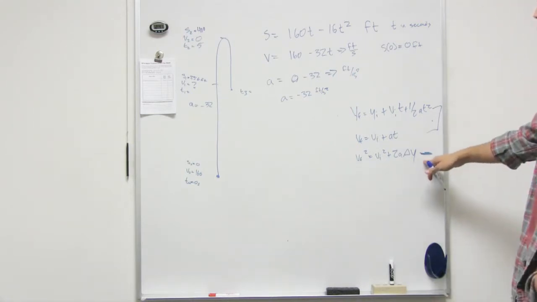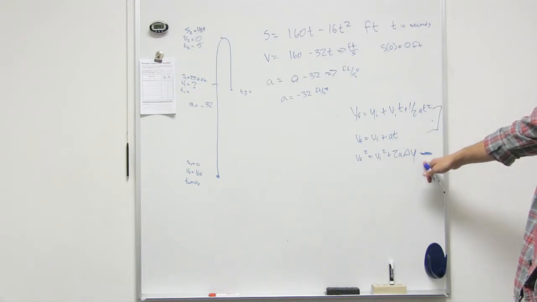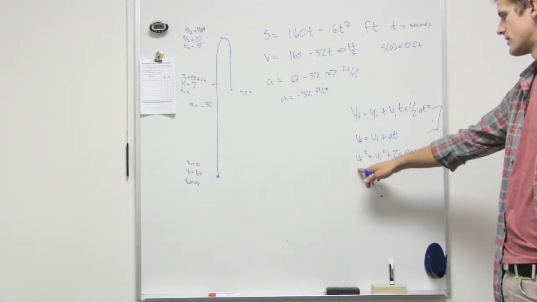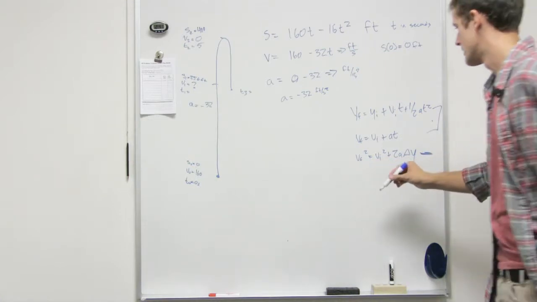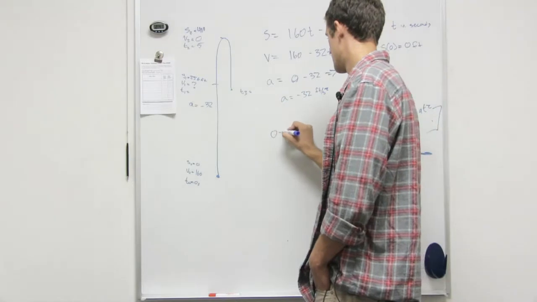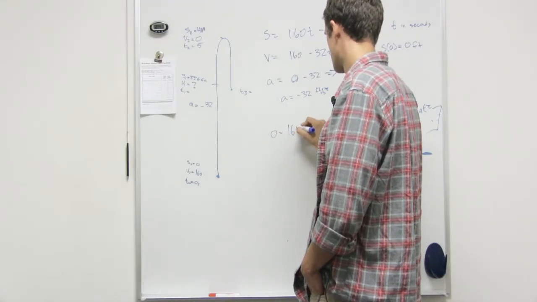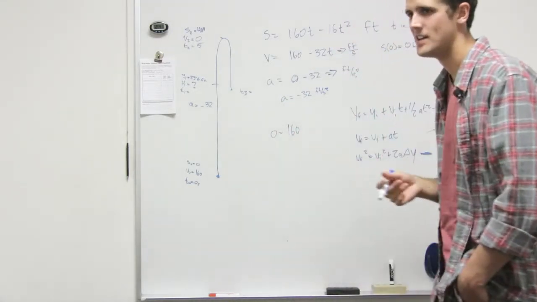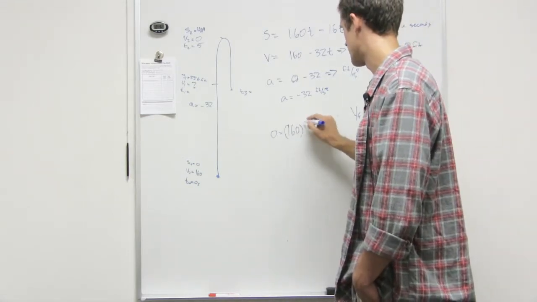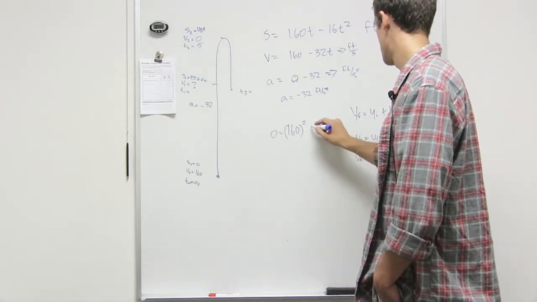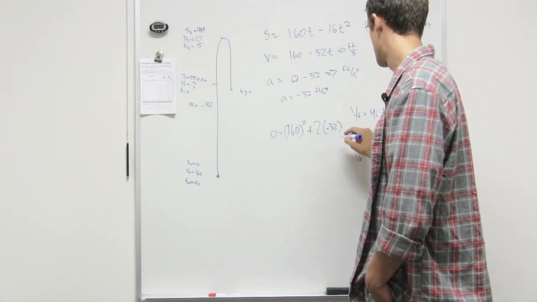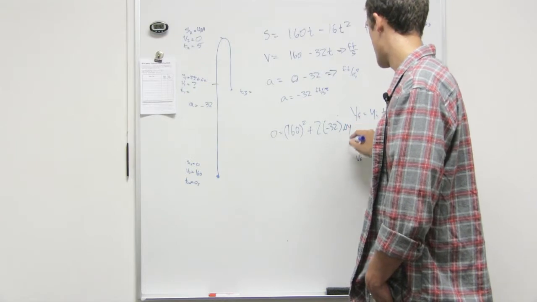So we want to find the maximum height. So what's our v initial? 0. What's our v? No. 160. Yeah. Sorry. So our v final is 0, right? For some reason I associate initial with 0. Yeah. And then our initial is 160, plus 2 times a, which is negative 32, times the change in y.